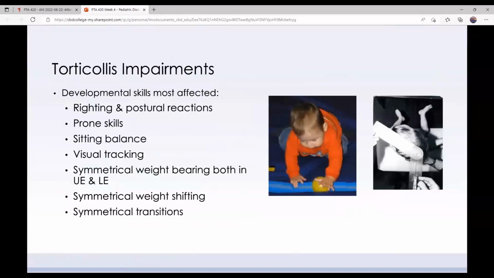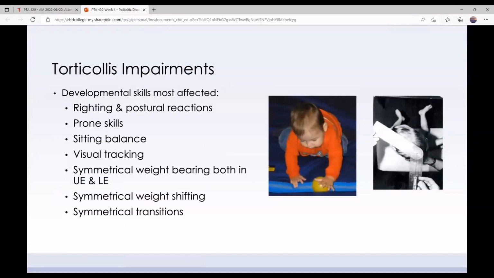So what do you think? Contralateral what? Contralateral side bending, ipsilateral rotation, and then extension, because we're going to want to stretch that section of the sternocleidomastoid.